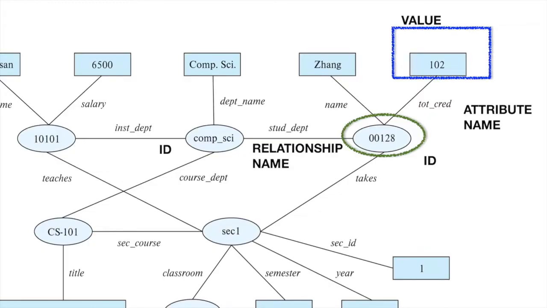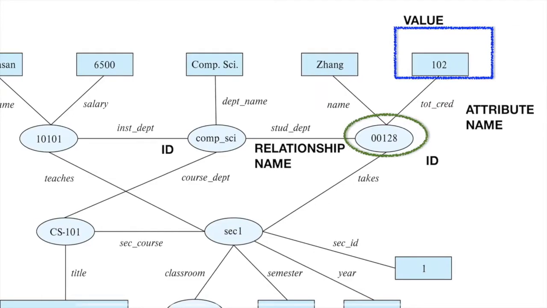Okay? So, the second example naman is a relationship between two different entities na may ID ComSci and ID 00128. And this is the relationship na student underscore department.